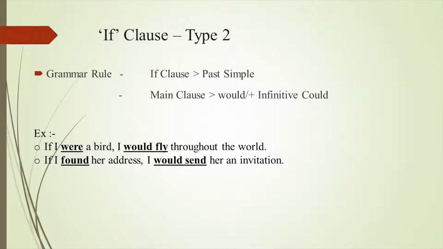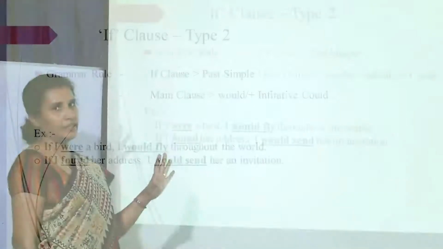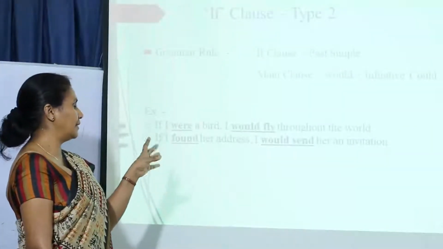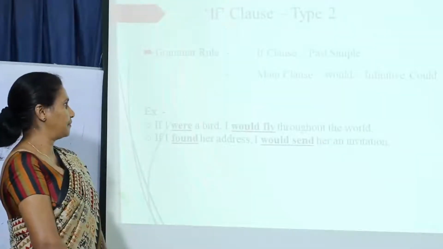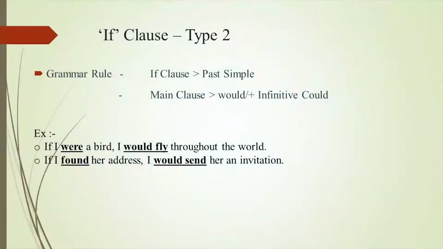Even though the subject I is an exceptional case, we always keep the plural verb with I, and even for a singular subject in such an imaginary situation, we have to keep the plural verb. If he were a bird, if she were a bird, then I would fly throughout the world. So this is an exceptional case.